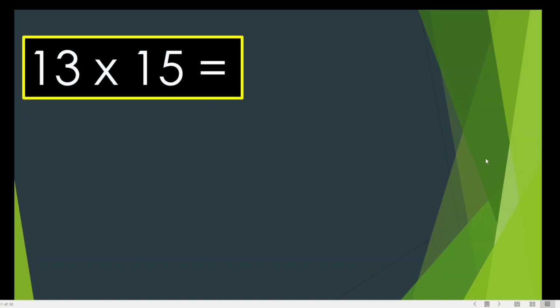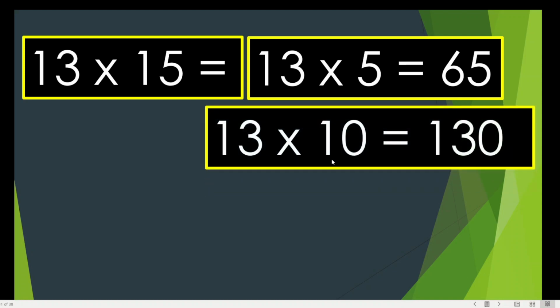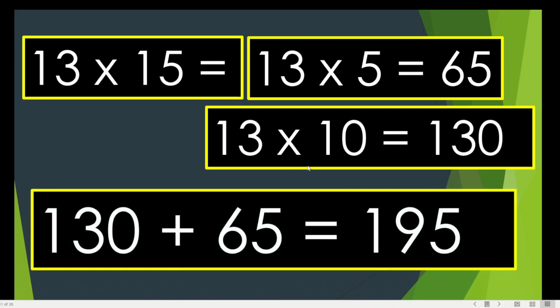Alright, so next, 13 times 15. 13 times 5 equals 65. 13 times 10 equals 130. Add those two partial products, we got 130 plus 65 equals 195. Very good, guys.